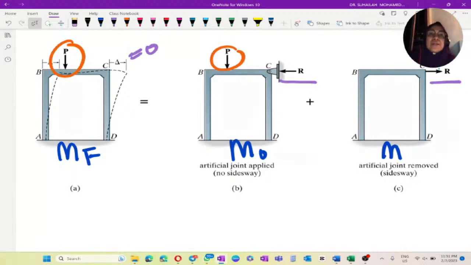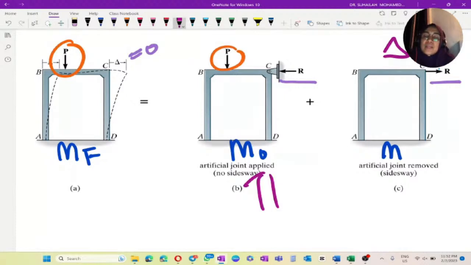Anyway, we get M naught from table 1, but we do not get M from table 2, because we do not know the delta value. Delta is here, but delta is unknown. P is a given value. External loading is always given in the question, but delta is not given.